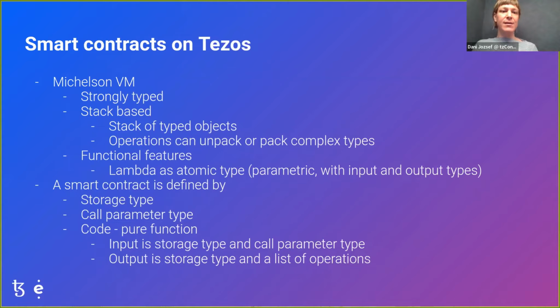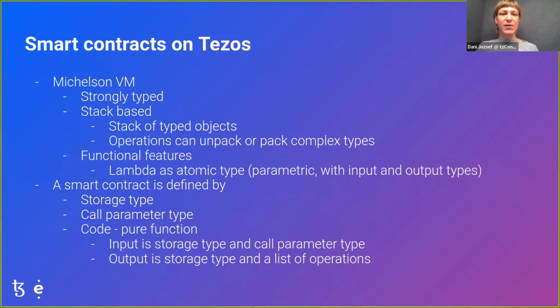Then there's the call parameter type, which is the type that the smart contract can be called with. And this is one single type, but it can be of arbitrary complexity. With this complexity we will achieve multiple functions that can be called in a contract. We'll talk about that a bit later.